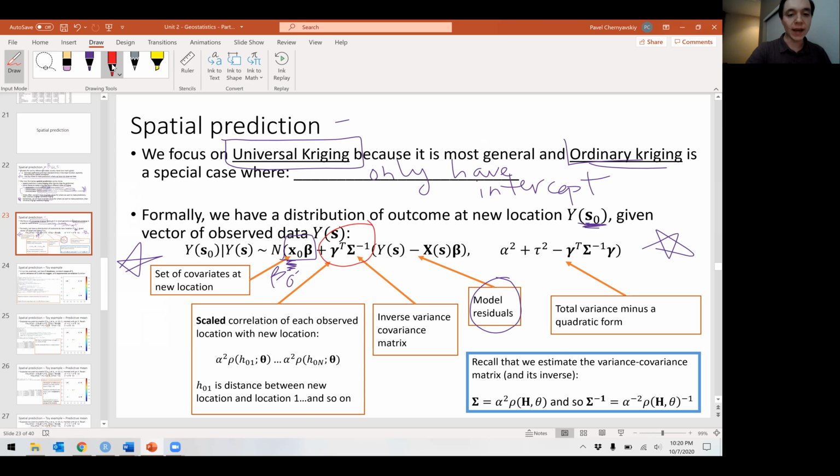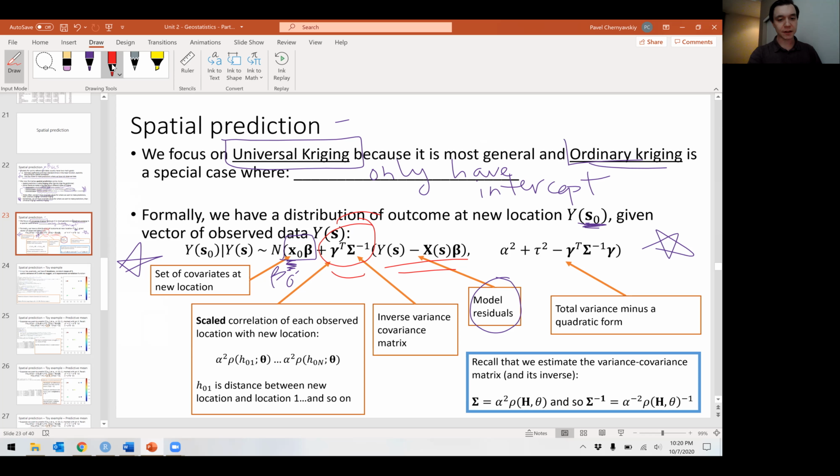It is a weighted average of all of the modeled residuals. So we're going to dig into these, what are called spatial weights. These two terms multiplied together are called spatial weights that tell us how much the different residuals are going to influence the mean prediction at our new location.